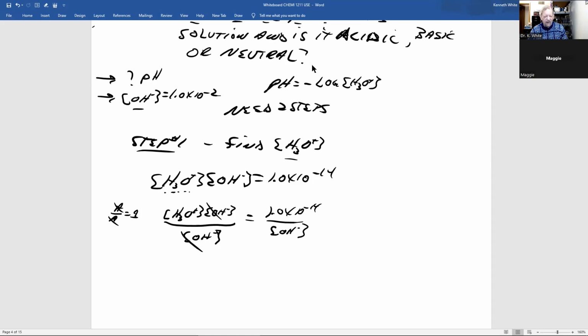This cancels out. I have now my hydronium ion concentration equals 1.0 times 10 to the minus 14th divided by the hydroxide concentration. We know what that is.